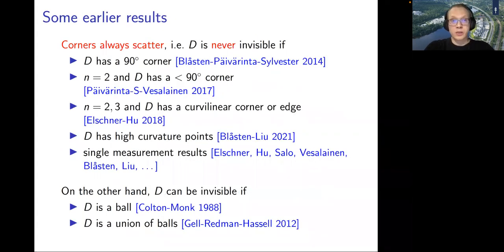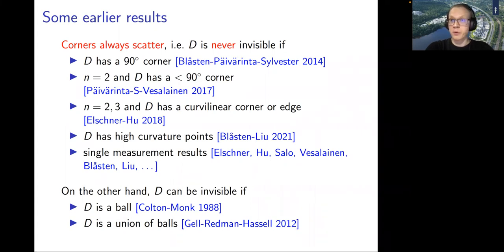Let me now recall some earlier results on this problem. There are many papers which have proven results stating that corners always scatter in one sense or another. These kinds of results say that an obstacle D can never be invisible for any choice of incident wave if there's some kind of corner point in the boundary of D. Some of the rigorous analysis of this phenomenon was studied in a paper of Blåsten, Päivärinta, and Sylvester in 2014.